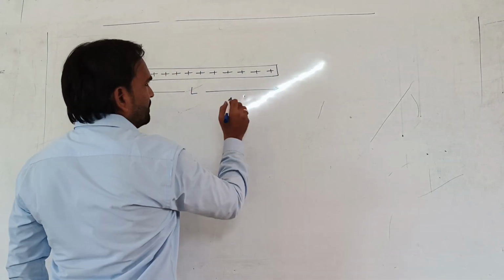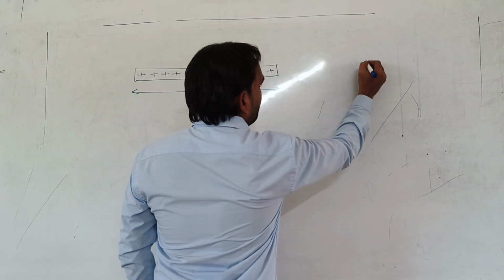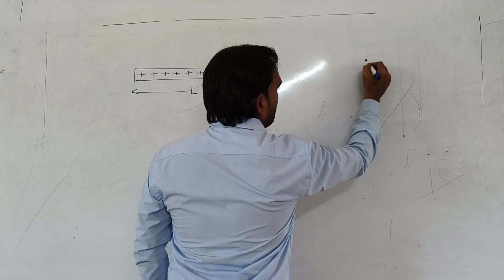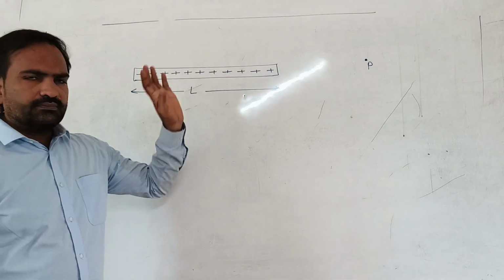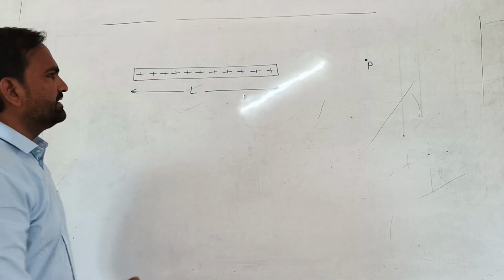So let's come here. We want to define the electric field intensity at this point P on the rod axis. But this is a charge distribution. How can you find this?